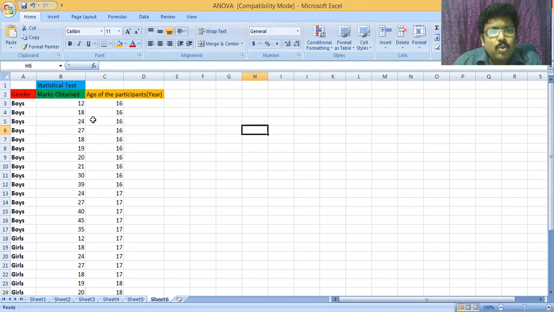If you are considering the one-way ANOVA, the ultimate goal of this one-way ANOVA is to compare the means of at least three conditions.